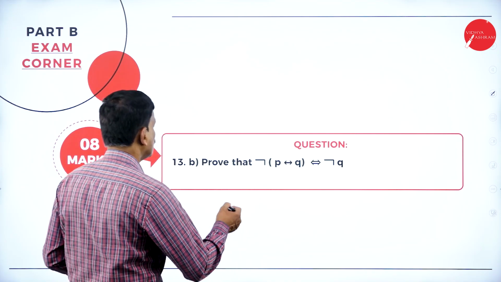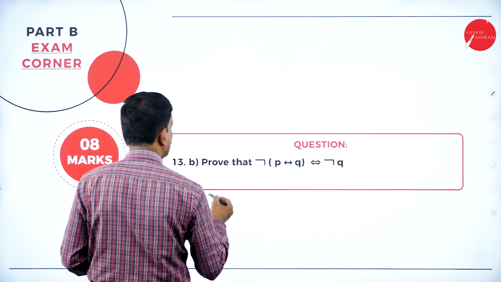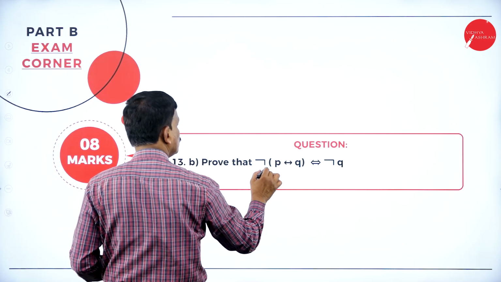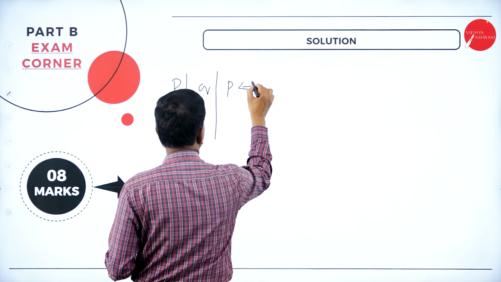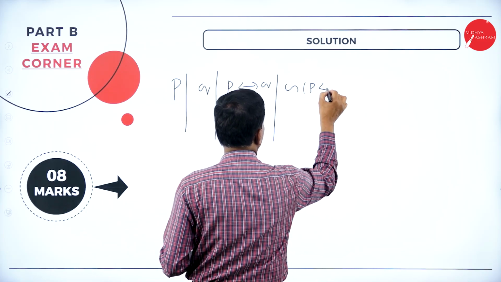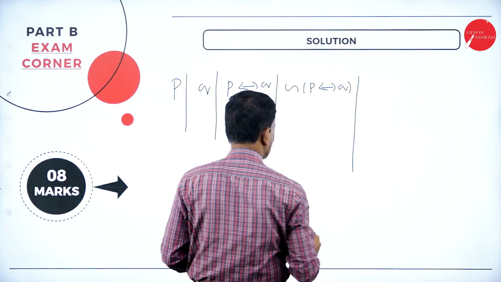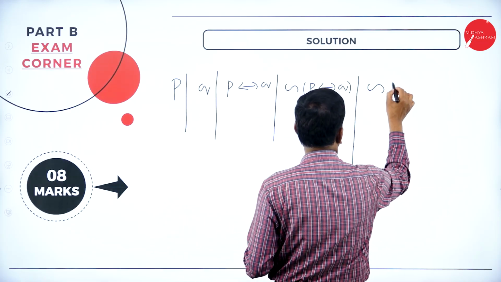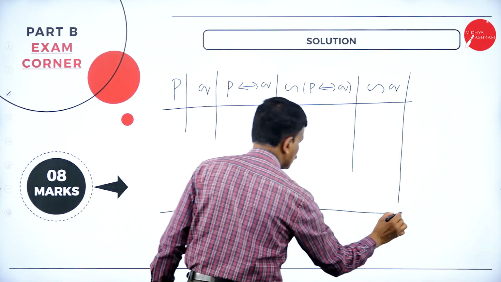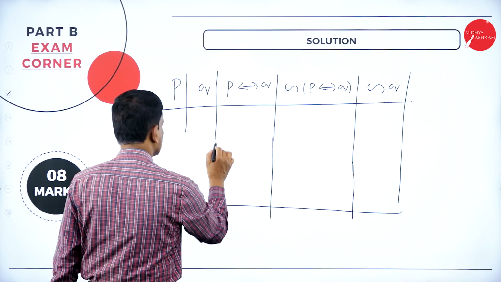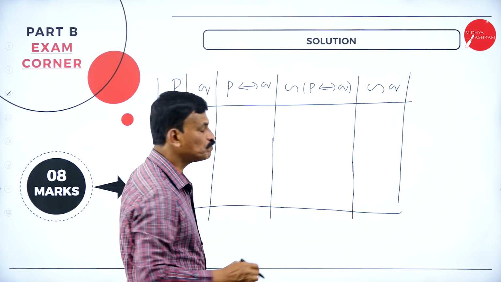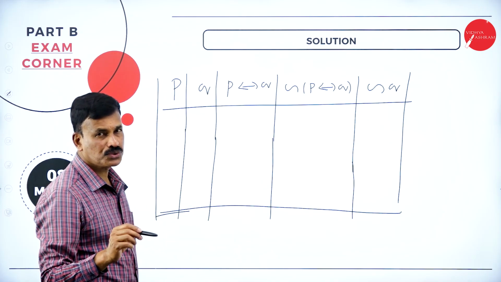Now, P and Q are given. Write down the truth table: P, Q, then P biconditional to Q, then negation of P biconditional to Q, then negation of Q. Here P contains two true.